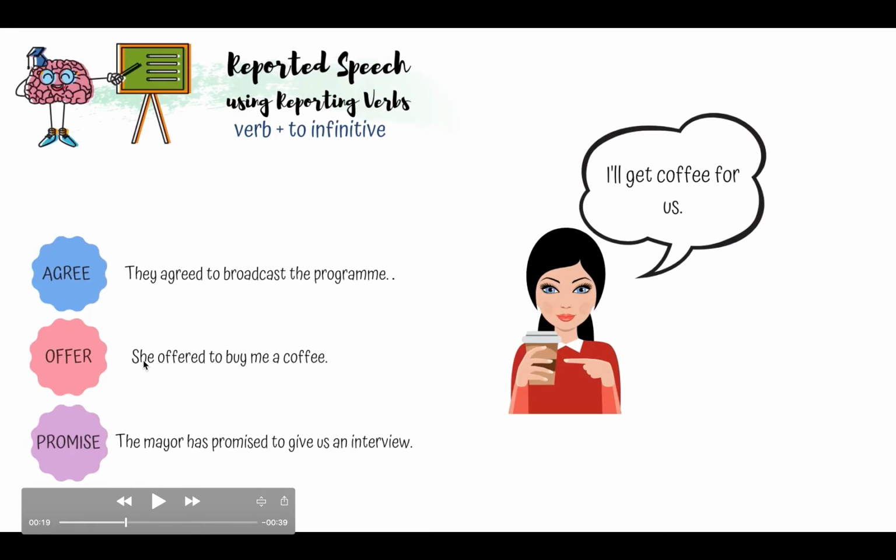So she offered, because we're talking in the past. Instead of just saying said, we're going to say offered. If we use offer, we have to follow the pattern of to plus infinitive. So she offered to buy. Or rather, in this case, because you've got the verb get, we would say she offered to get me a coffee. Hopefully that makes sense for the moment.